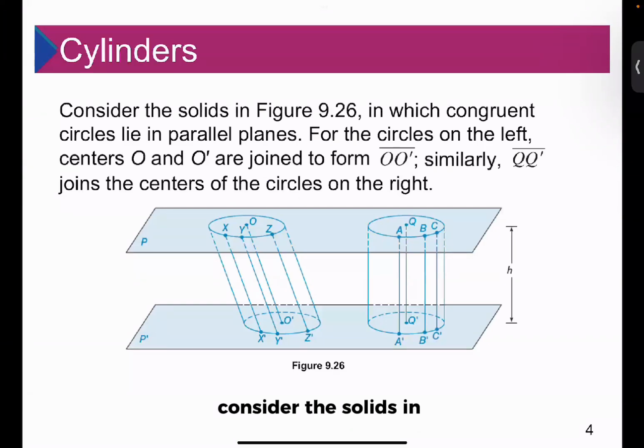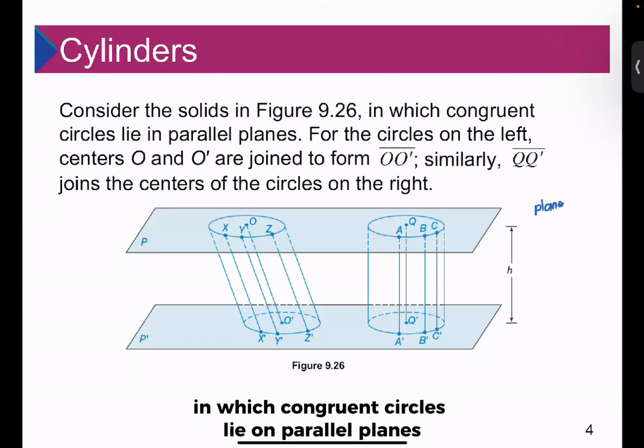Consider the solids in figure 9.26, in which congruent circles lie in parallel planes, plane 1 and plane 2.